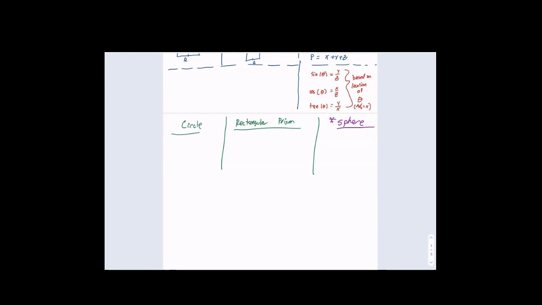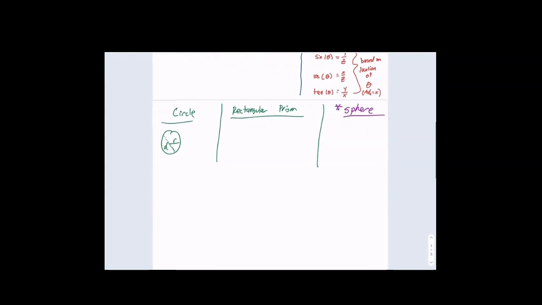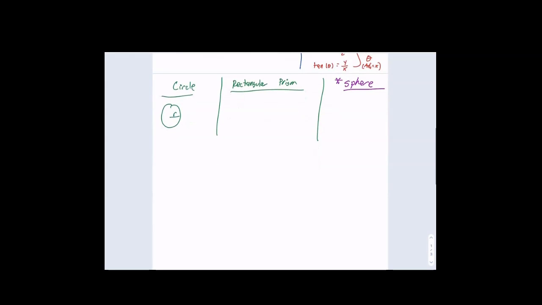So a circle. Okay, I guess I don't have to show the diameter part. If that's the circle, then you need to know that, of course, area equals what? You're not going to be given this formula.